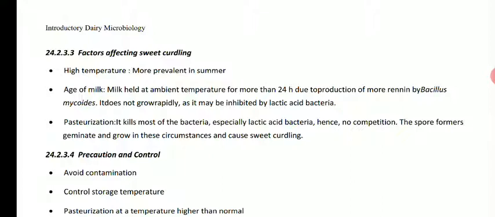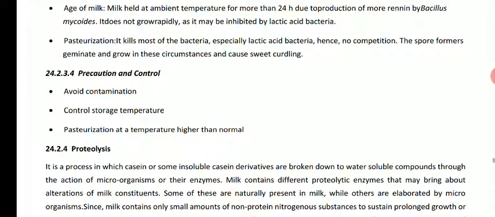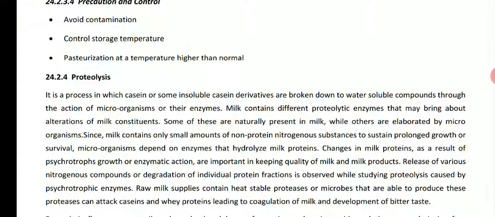These are the factors that affect the sweet curdling process. Then precautionary and controlling measures. The best way to avoid curdling is to avoid contamination, then control storage temperature, and pasteurize at a temperature higher than normal.